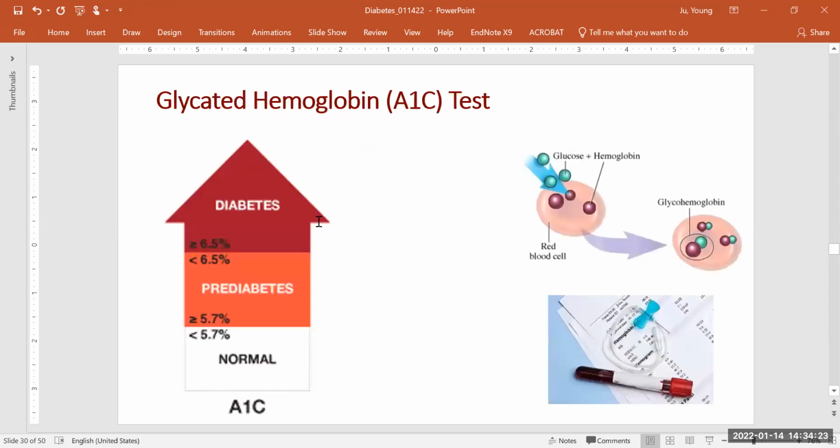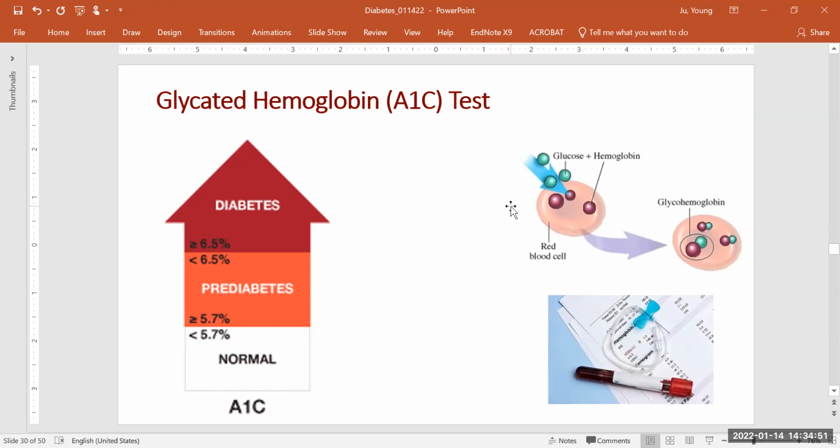So the glycated hemoglobin test, the A1c test, measures the percentage of blood glucose attached to the hemoglobin. Hemoglobin is the oxygen-carrying protein in the red blood cell. In the bloodstream, glucose binds to hemoglobin, and then the bound form is called glycated hemoglobin.